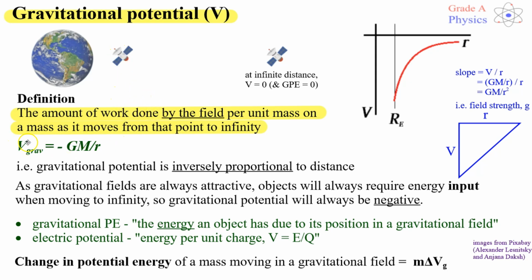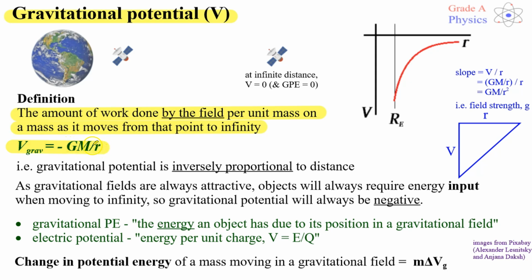And let's look at the next stage. We've got V, which is not a very helpful symbol because normally we associate V with electric potential or potential difference. And there are similarities, as we will see. But normally we'd write this as capital V with G or grav. So gravitational potential is minus Gm over r.